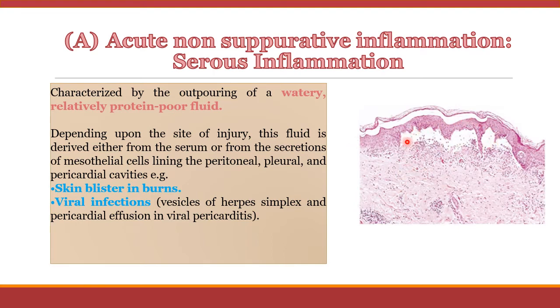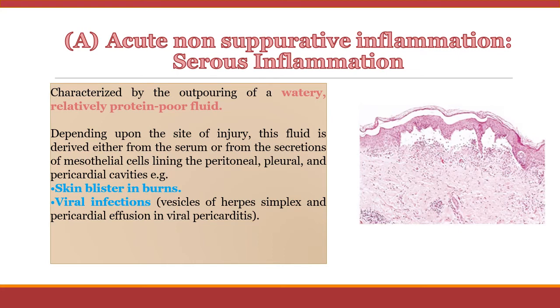Here also in this microscopic photo we see skin, epithelium, and dermis, and here we can see a space. This space was containing fluid that was processed, and instead of the fluid now we see an empty space. This is an example of a vesicle or a blister, and most probably this is a serous type of inflammation. So to summarize, serous inflammation, the most characteristic feature is containing watery, relatively protein-poor fluid.